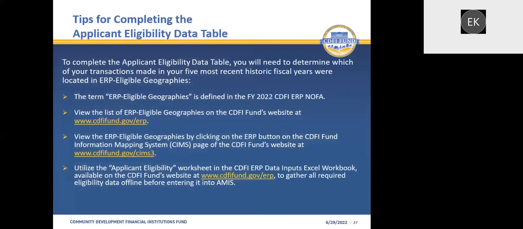Tips for completing the applicant eligibility data table. To complete the applicant eligibility data table, you will need to determine which of your transactions made in your 5 most recent historic fiscal years were located in ERP-eligible geographies. The term ERP-eligible geographies is defined in the FY 2022 CDFI ERP NOFA. View the list of ERP-eligible geographies on the CDFI Fund's website at www.cdfifund.gov/ERP.